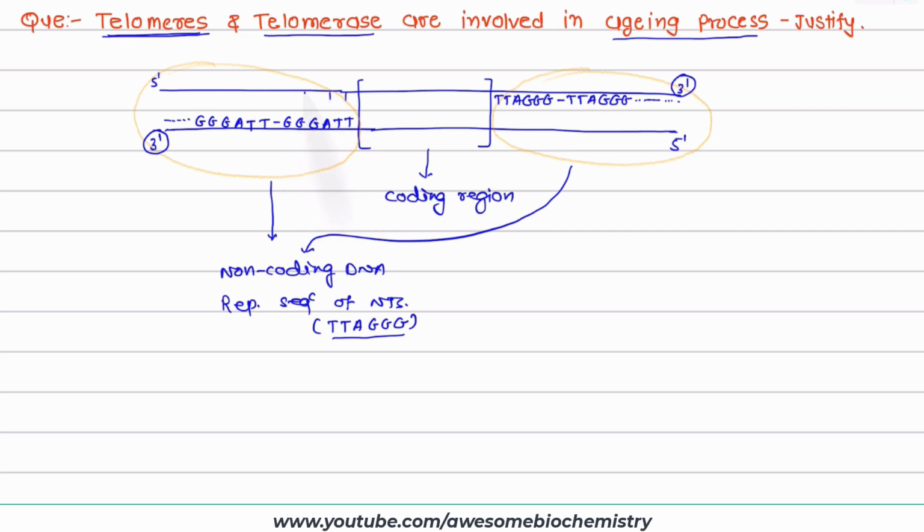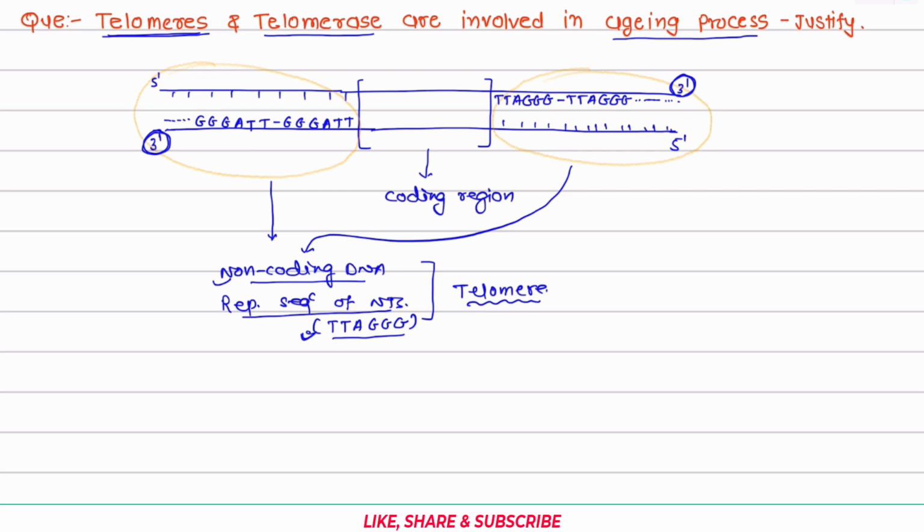So remember, this particular sequence is found at the 3' terminal of each DNA strand. This non-coding DNA, the repetitive sequence of nucleotides found at the terminal part of DNA, is called a telomere.